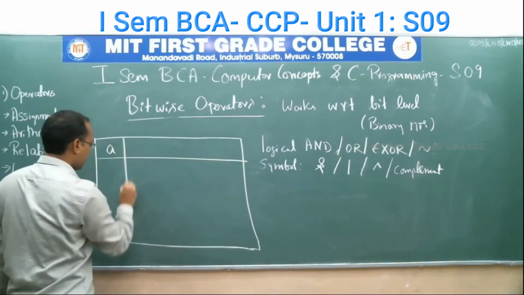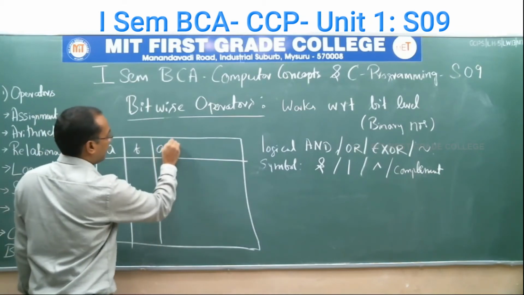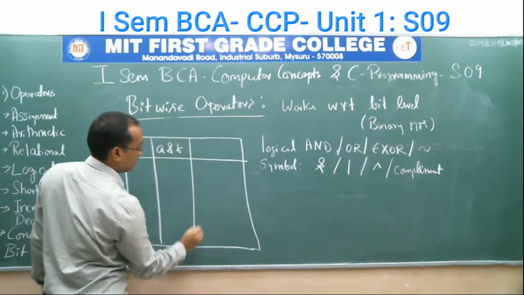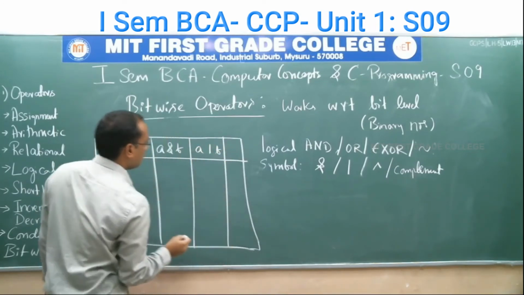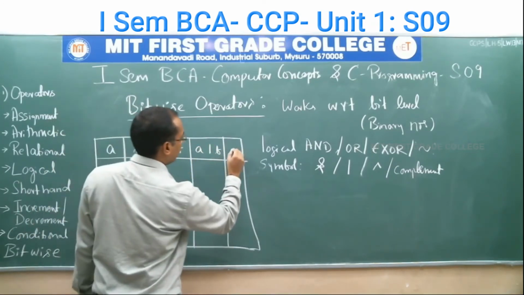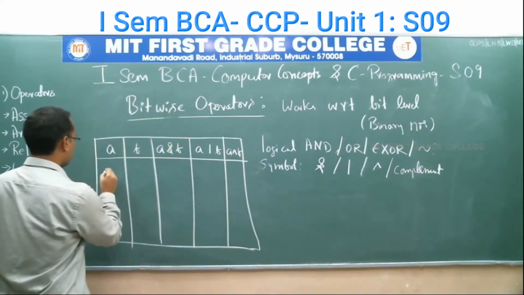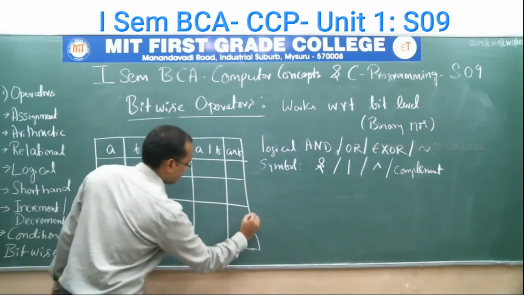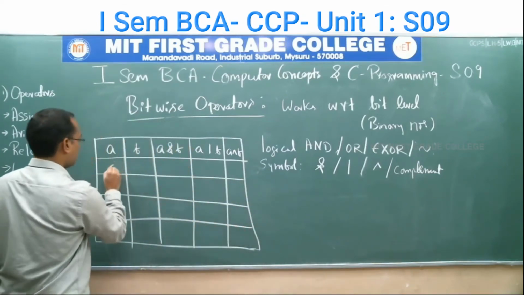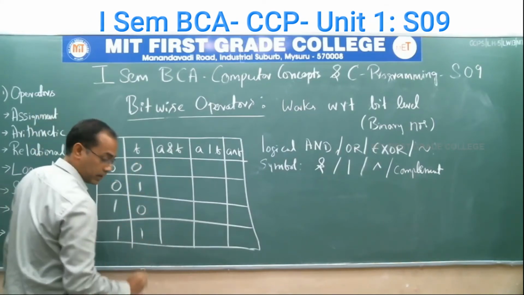So we have A, we have B, A and B, A or B, and then we have A cap B, that is XOR. The input combinations are 0 0, 0 1, 1 0, 1 1.